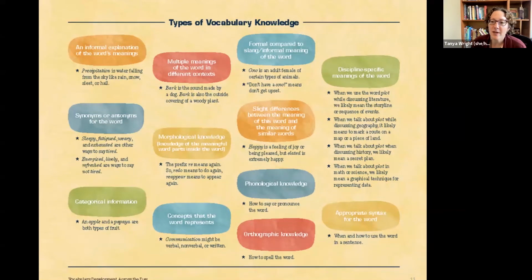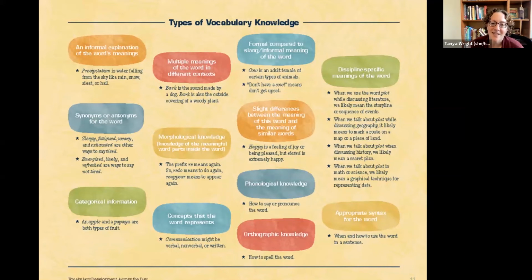So maybe an informal explanation, or child-friendly explanations, synonyms, antonyms, categorical information, right? Multiple meanings of words. We've talked a lot about that. Concepts that words represent. You notice I skipped one. Formal compared to informal ways of using words, slight differences in meaning, phonological knowledge, orthographic knowledge, discipline-specific knowledge, appropriate use of the word within the grammar of language, right?